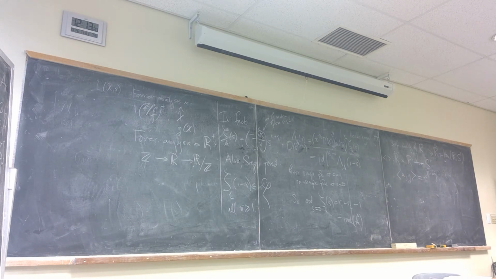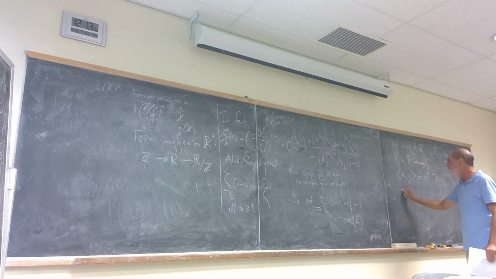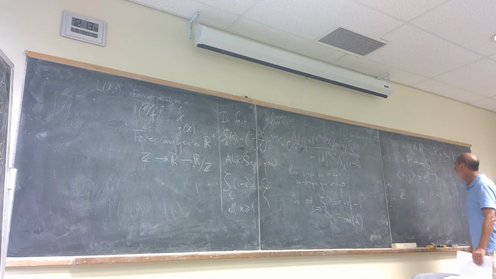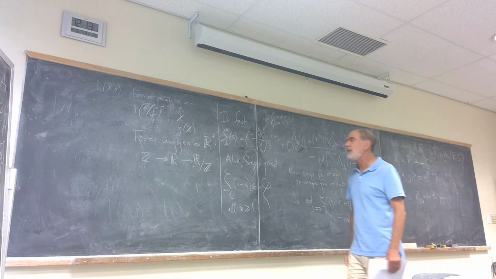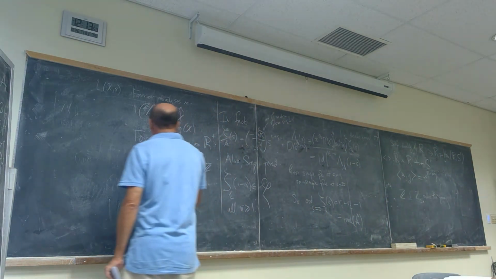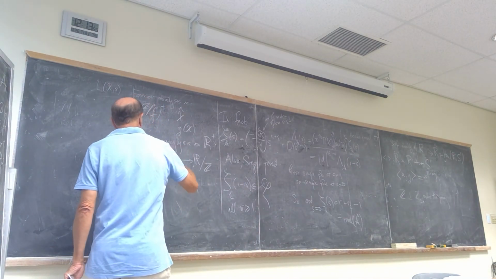The reason I put the 2πi in is that if you take the subgroup Z and pair it with itself, you get 0. Z is orthogonal to Z under this pairing. It's the orthogonal complement of Z in this pairing: the characters that are trivial on Z are just the integers.